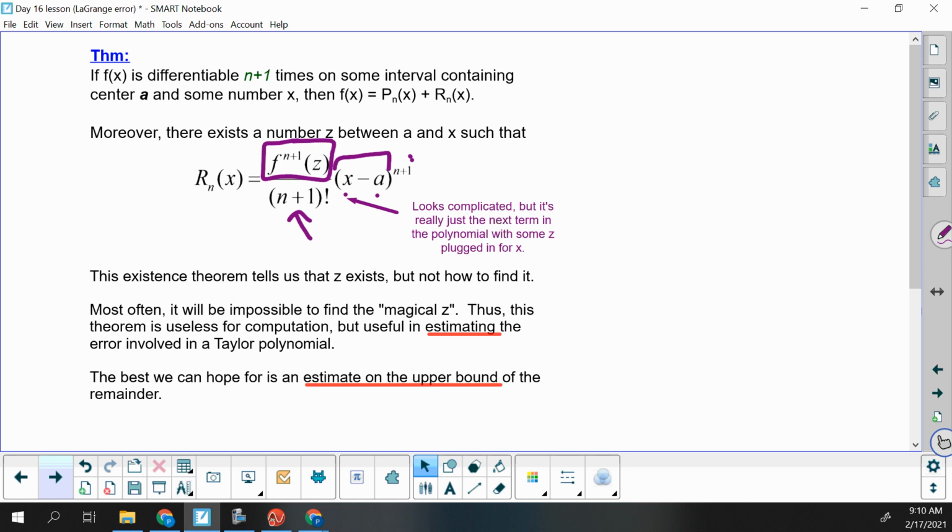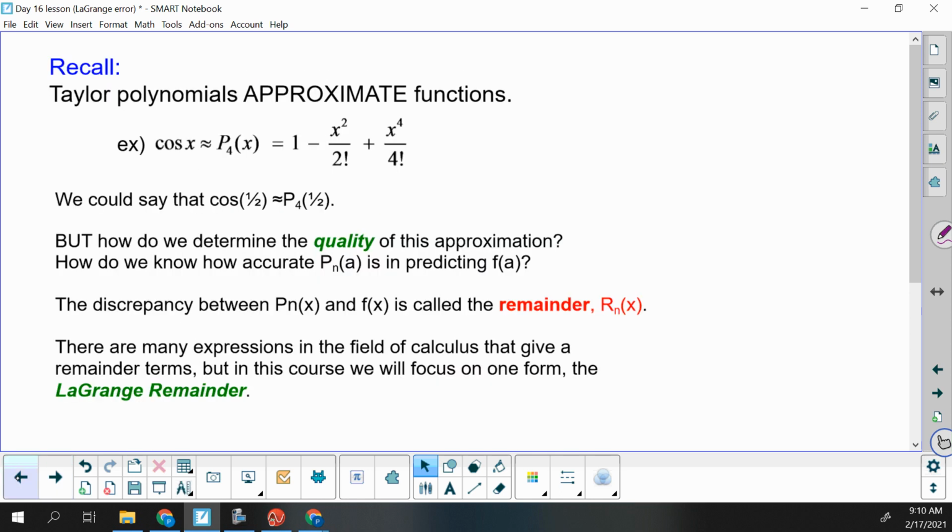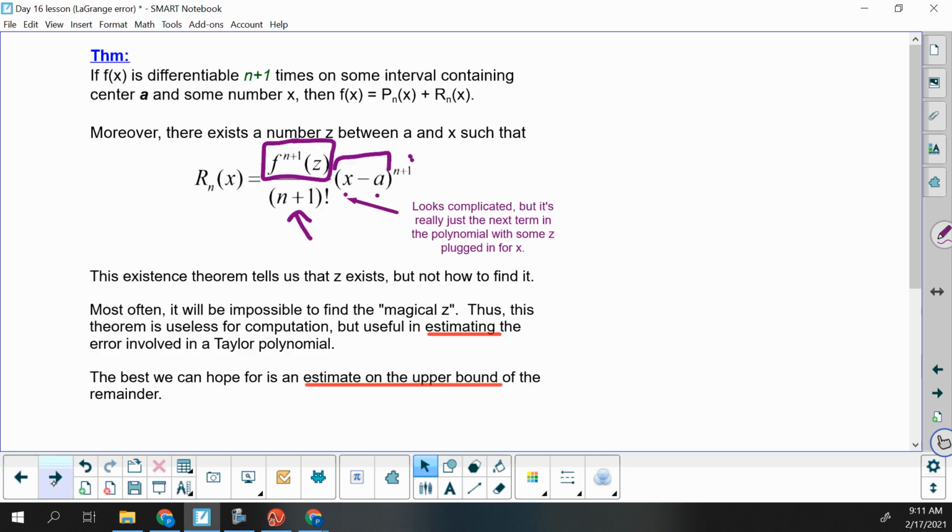Now what's that number z? Well, z is some number on your interval between your center and where you're approximating. So like this one here, this is the Maclaurin, so our center is 0. We subbed in 1/2. So z would have to be some number between 0 and 1/2, and it could include 0 and 1/2.